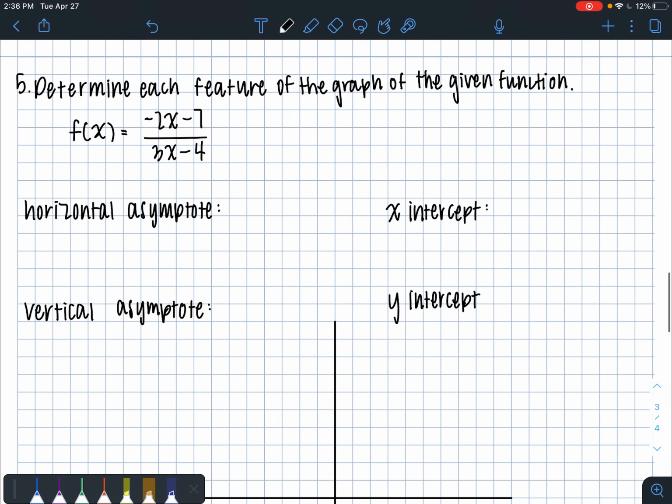Okay, so for the horizontal asymptote, I am going to compare the numerator and the denominator.